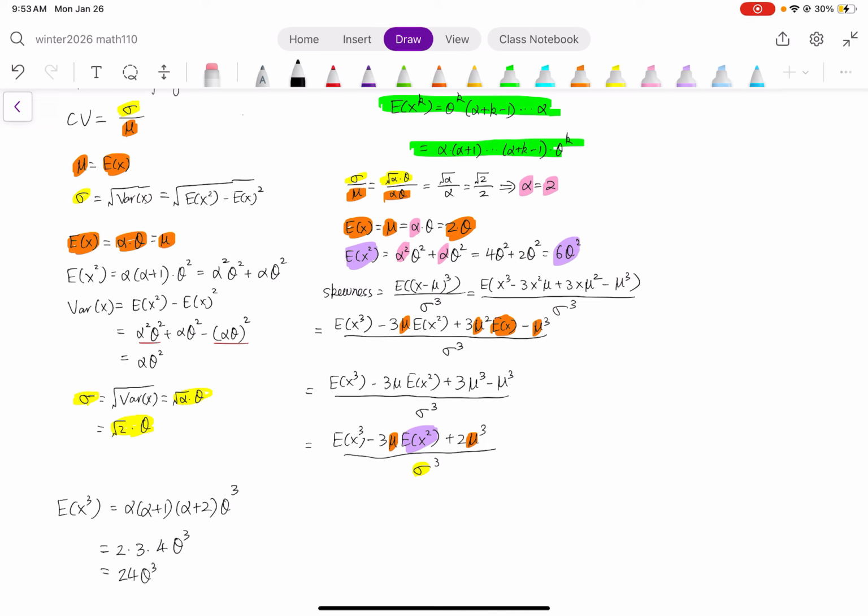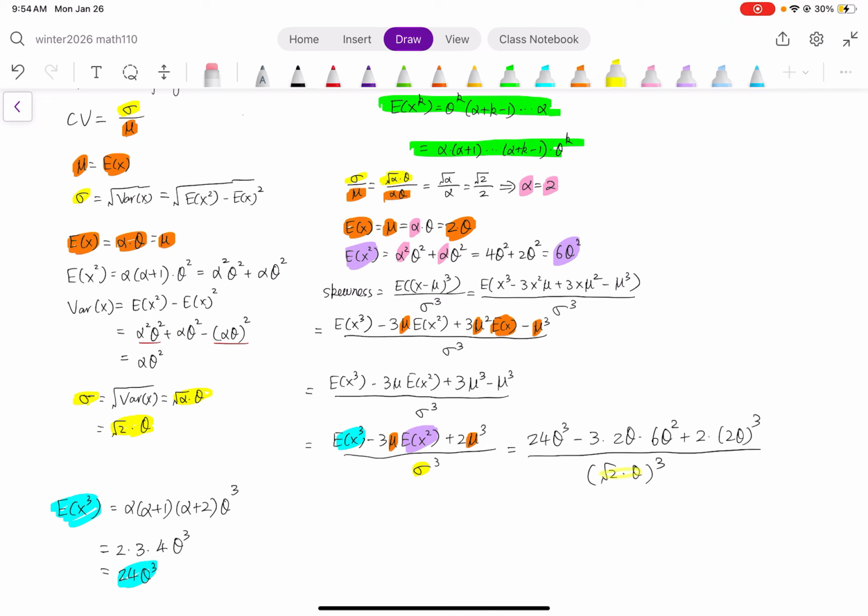Look at this. Now let's plug in. We get 24 theta to the third minus 3 times mu, which is 2 theta, times the second moment, 6 theta squared, plus 2 times mu, which is 2 theta, to the power of 3, over the square root of 2 times theta to the power of 3.